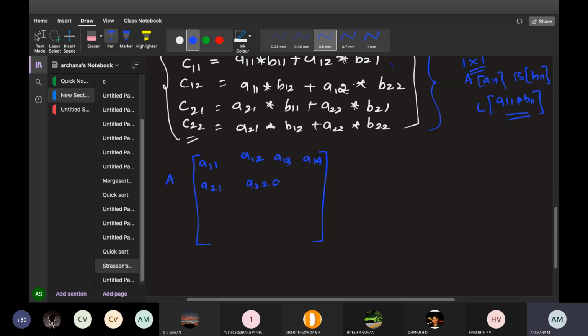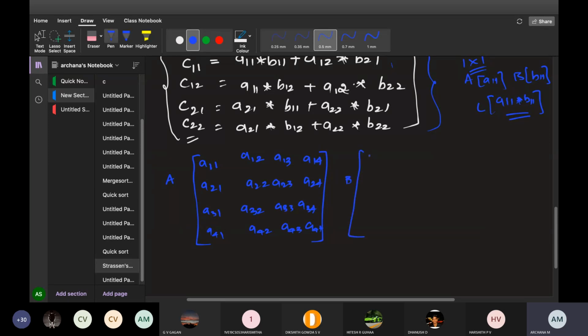A21, A22, A23, A24. 4 rows, 4 columns I'll take. A31, A32, A33, A34. A41, A42, A43, A44. Okay. Same thing.